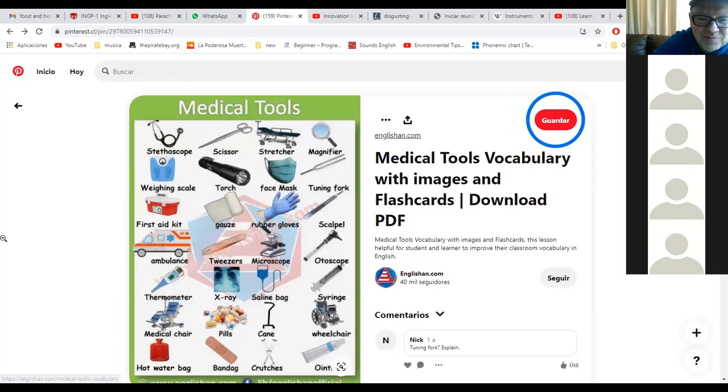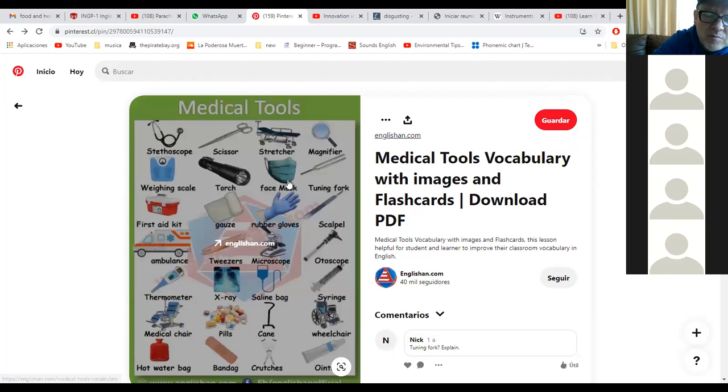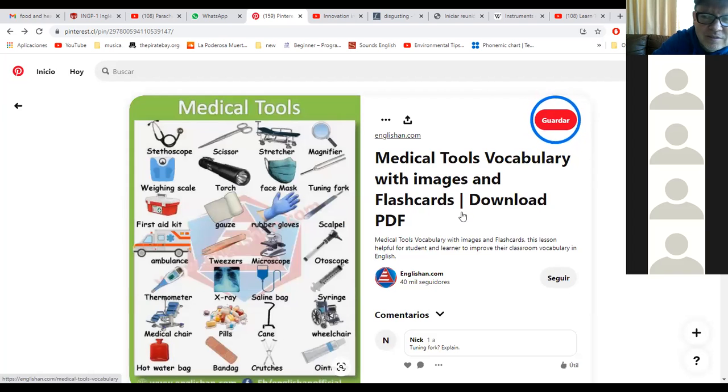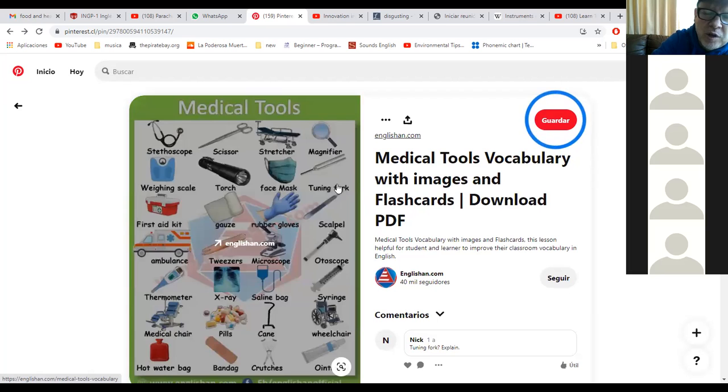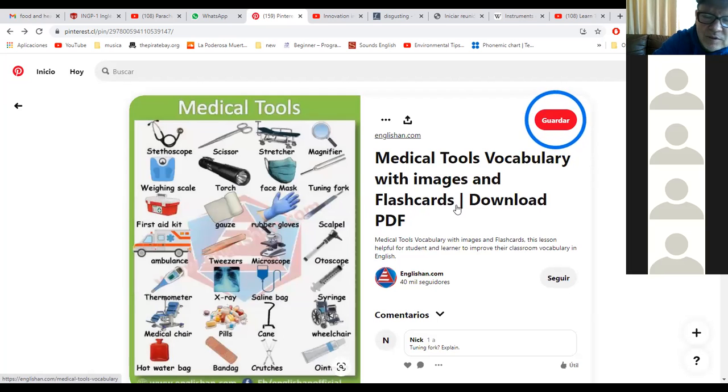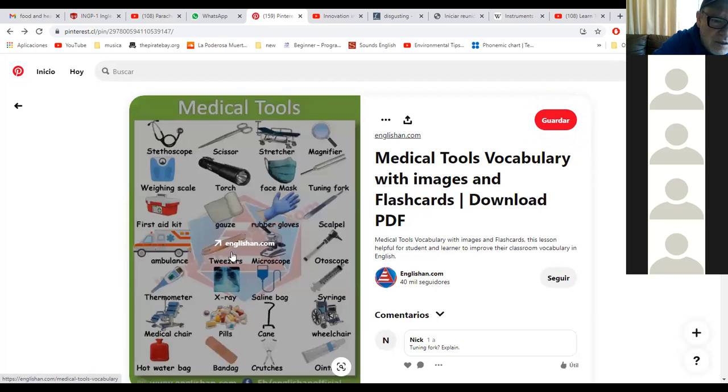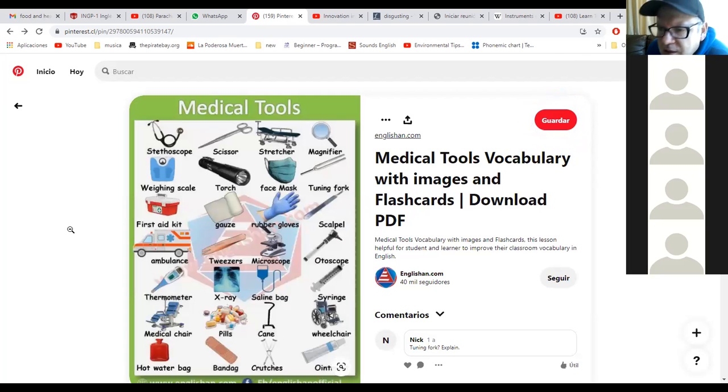A torch. Face mask. Everybody knows this, especially now. Tuning fork. First aid kit. Gauze. Gasa in Spanish. Gauze.